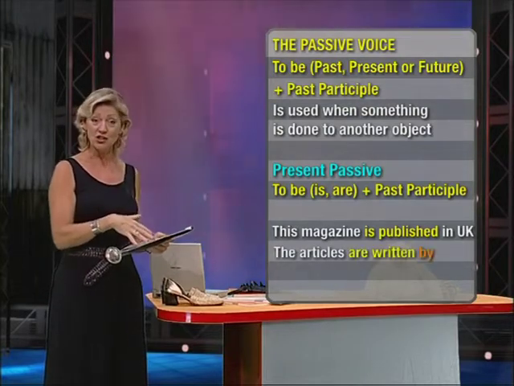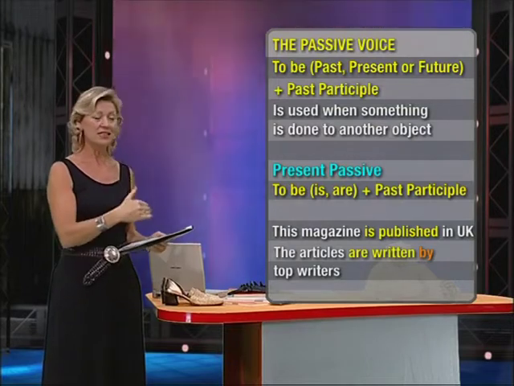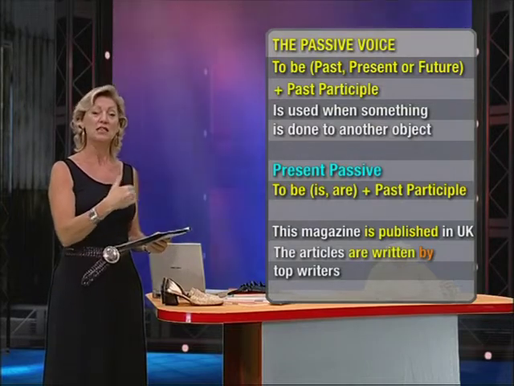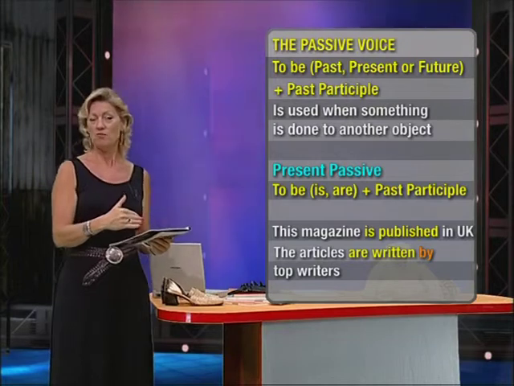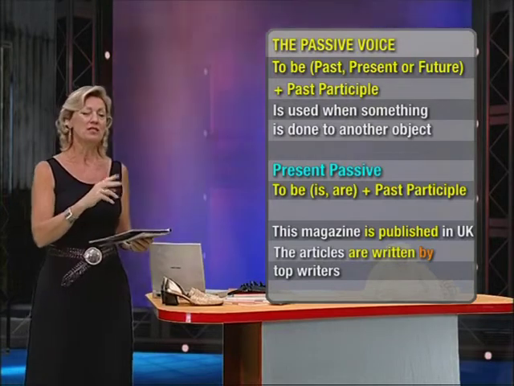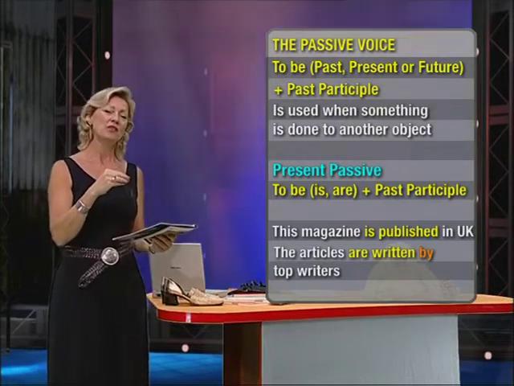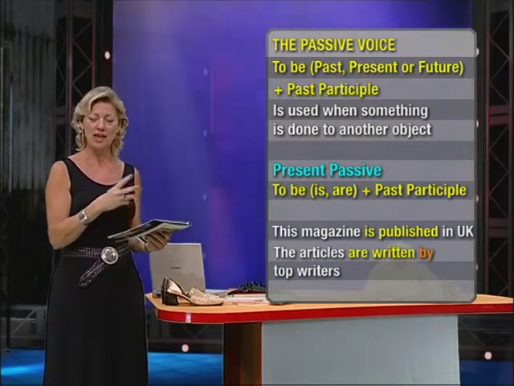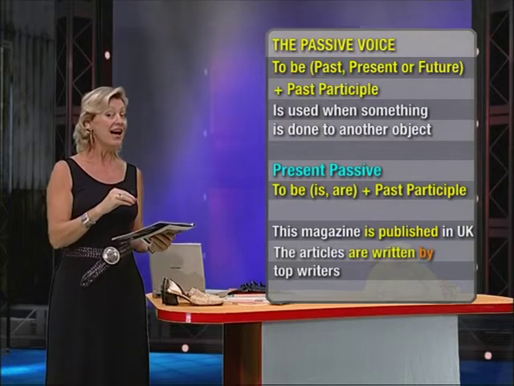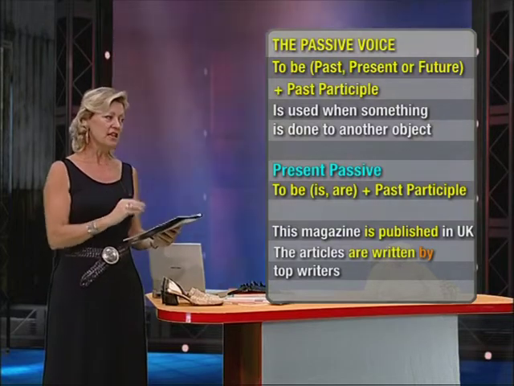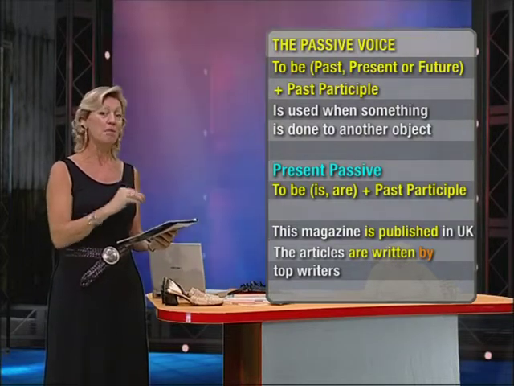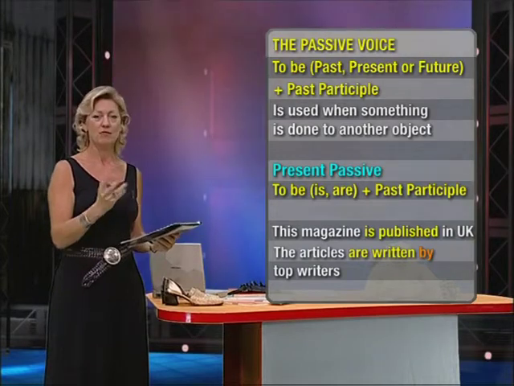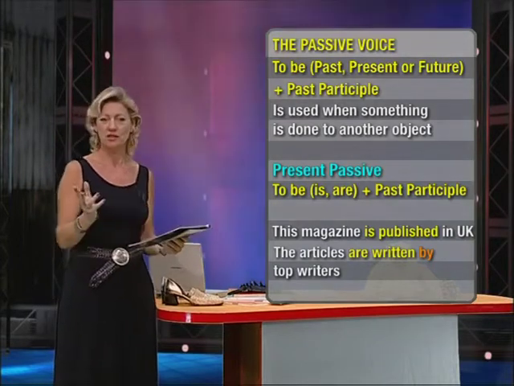The articles are written by top writers. Now, notice that if you want to actually mention the people doing the action, you use by. So, these articles are written by top writers, okay, top journalists.